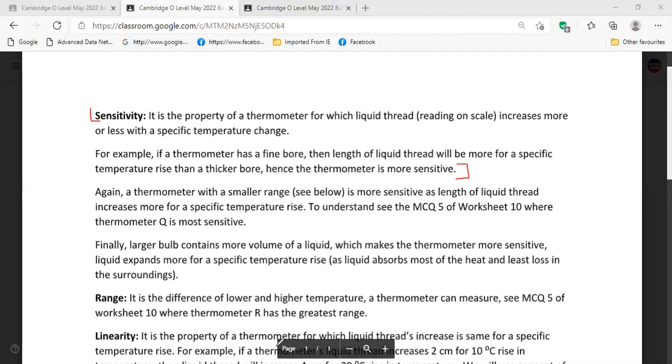Hello, are you done? Yes, sir. Okay, then you write this part. After writing that one, you write only this part. Larger bulb, from here you write, till here.